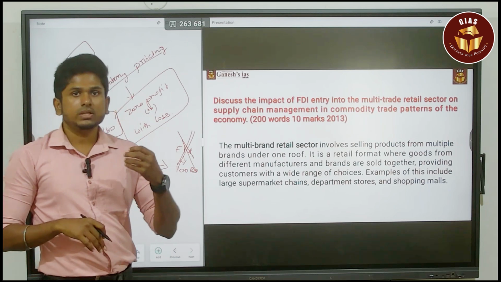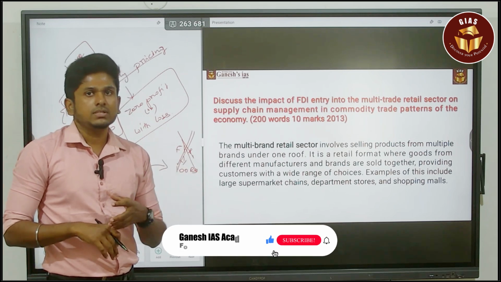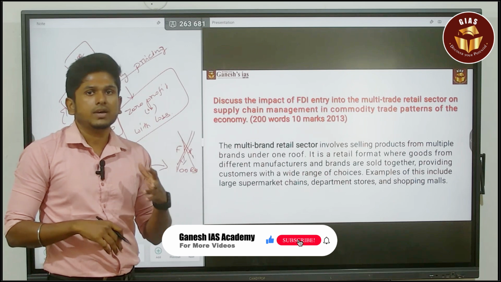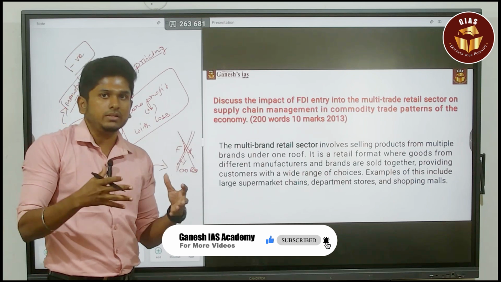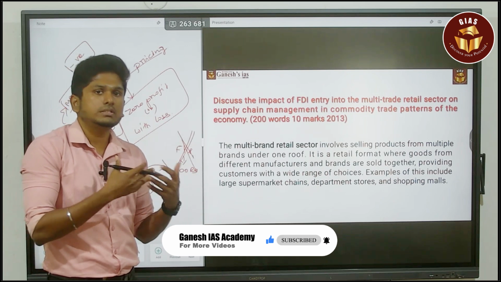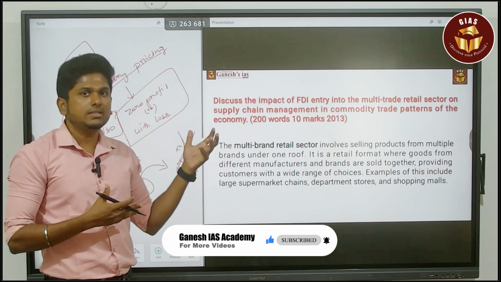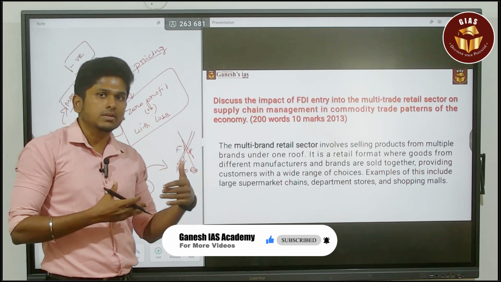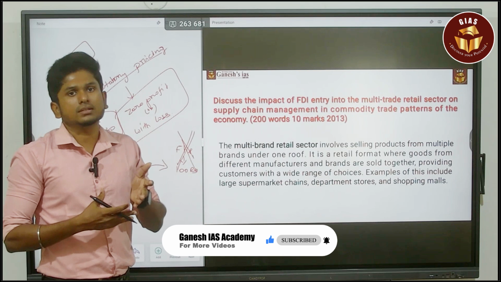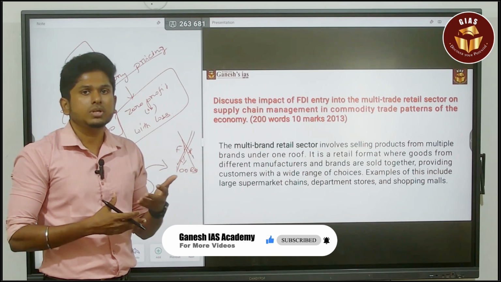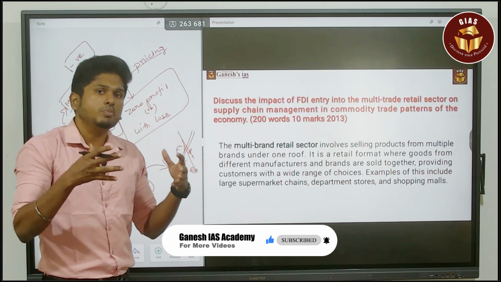When it comes to foreign players, MNCs, they can definitely do that because they have a huge chunk of money. They can easily go for predatory pricing. They can sell the product at a loss, even for 4 to 5 years, even for 10 years. They can do that because they have huge money with them.